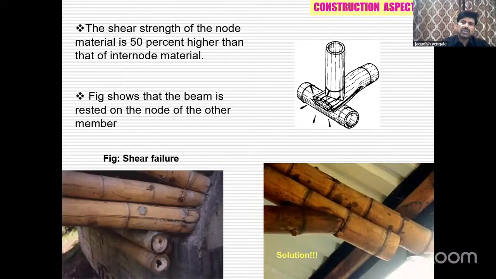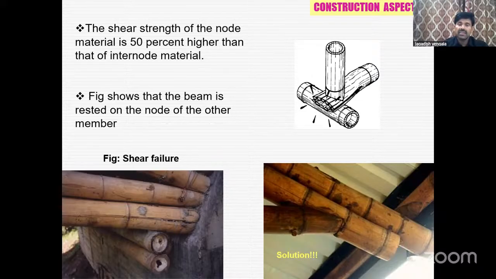One more very important thing in bamboo structures is shear failure. When you are landing any member with a huge load on a hollow portion, it gets crushed. Hence, if you are landing on a particular bamboo, it has to be on a node portion. The node is a solid disc portion.